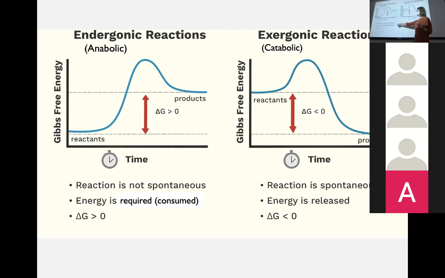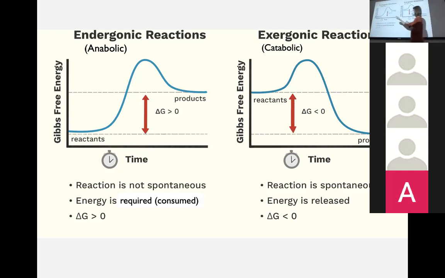First off, anything that needs energy to happen is not going to happen spontaneously. And we'll talk about enzymes and how they help reactions get going in a minute, but endergonic reactions or anabolic reactions are not spontaneous. They don't just happen. There has to be an input from an enzyme, and also you need energy for it to happen.